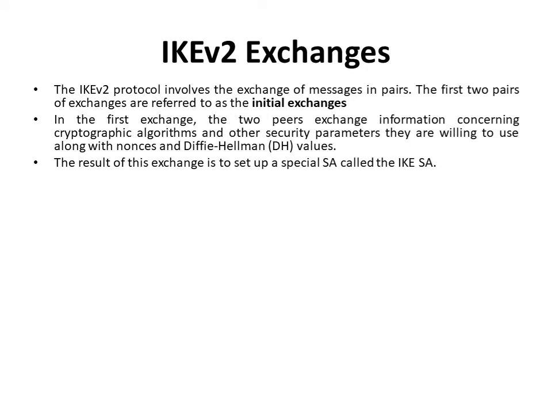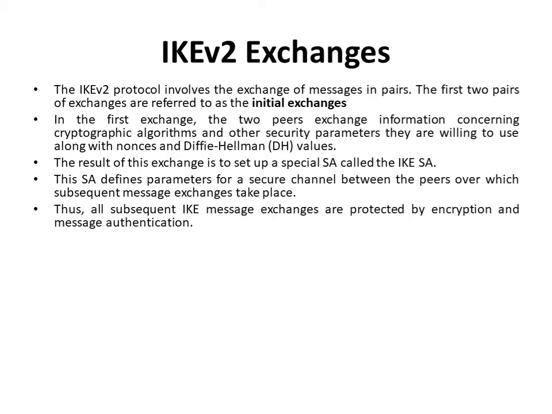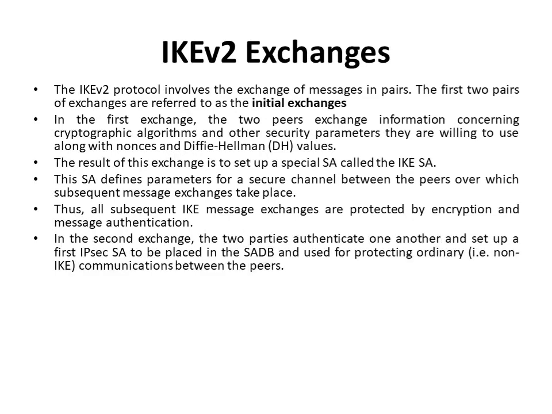The result of this exchange is to set up a special SA called the IKE SA. This SA defines parameters for a secure channel between the peers over which subsequent message exchanges take place. Thus, all subsequent IKE message exchanges are protected by encryption and message authentication.